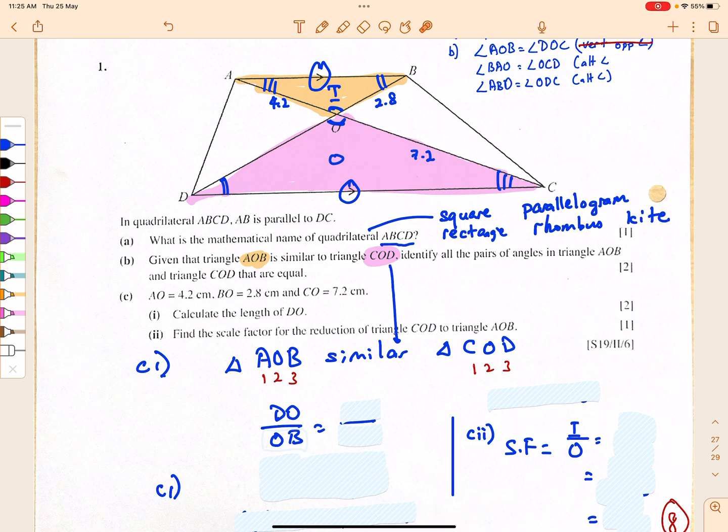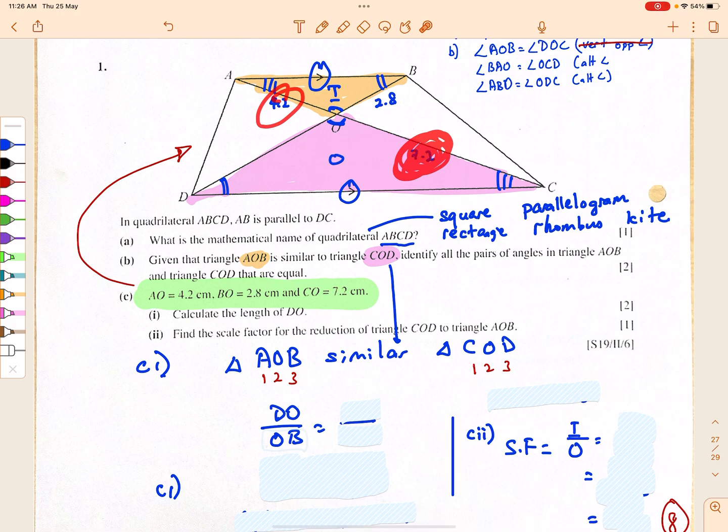Now for the other two lengths, I don't know, but they did tell us the green information. Do you see that? They give us 3 lengths. So what you want to do is put the 3 lengths back into the diagram and take a look at which 2 lengths we have. So we do have the 4.2 and 7.2, right? So we want to use the 7.2 because this is the length I know. So I will use OC. If I use OC, I will need to use AO, right?